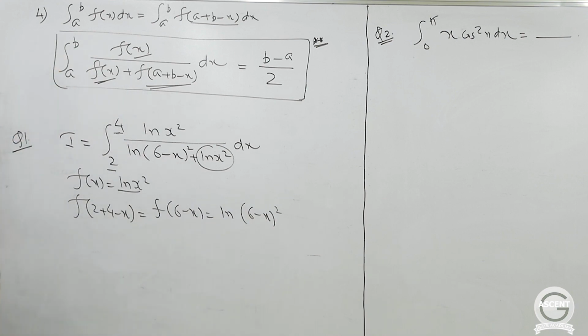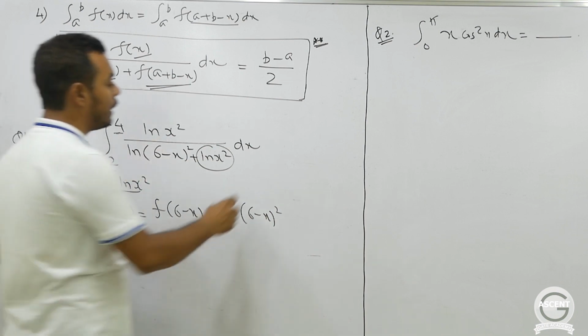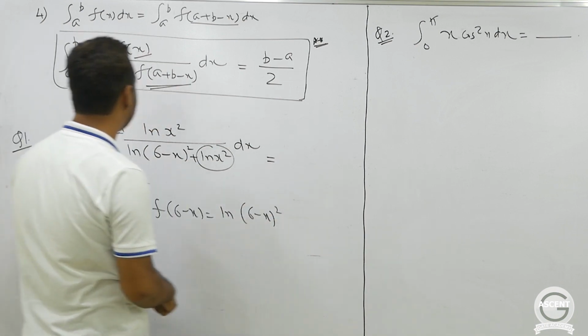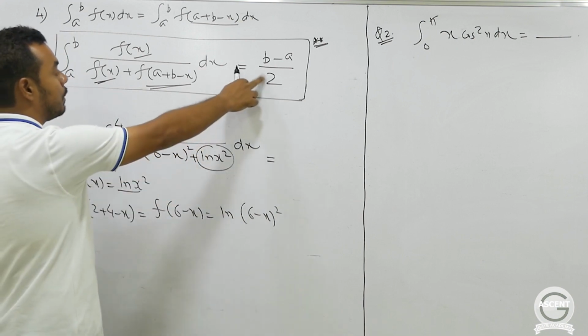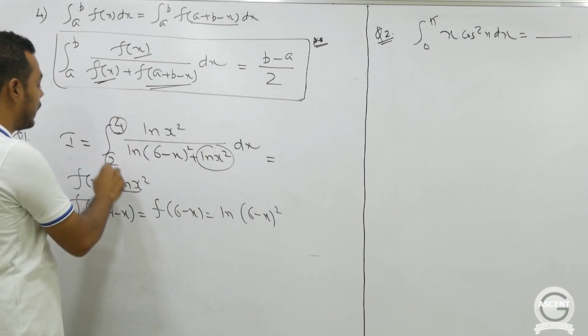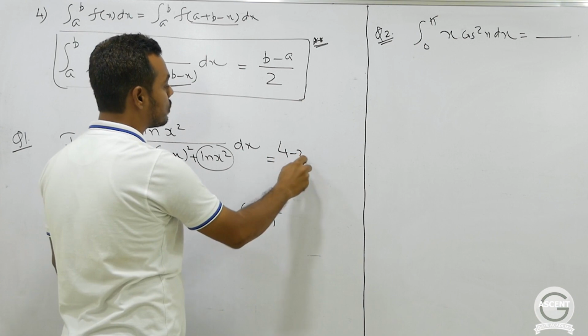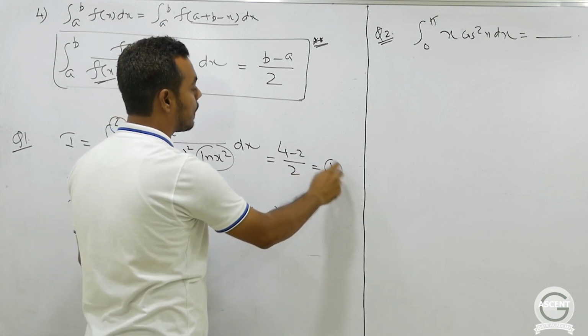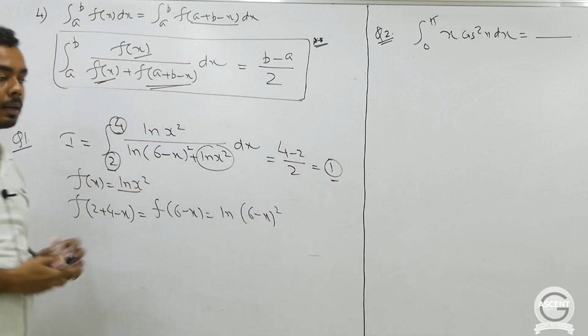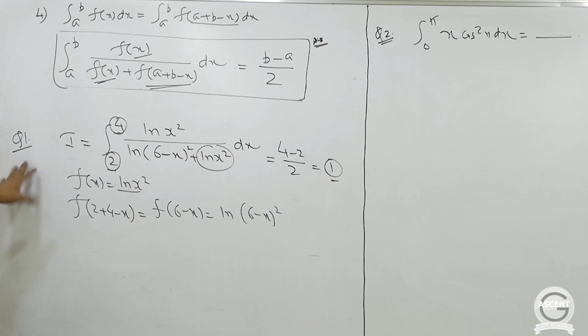As you can see, this integral is of this form where f(x) is log x square. So you can directly write that the value of this integral will be (b minus a) by 2. b is 4, a is 2, so (4 minus 2) by 2, which gives us 1. So this will be the value of this integral. This was our first problem.